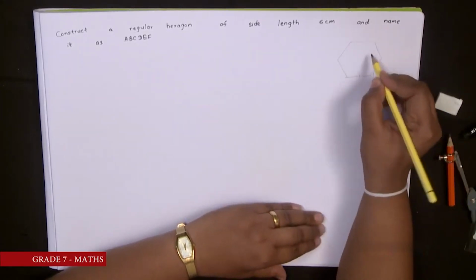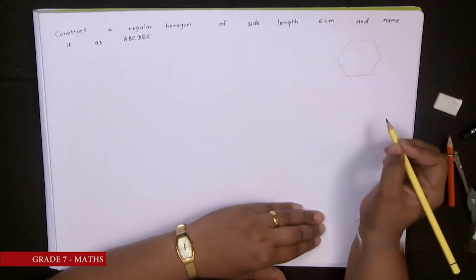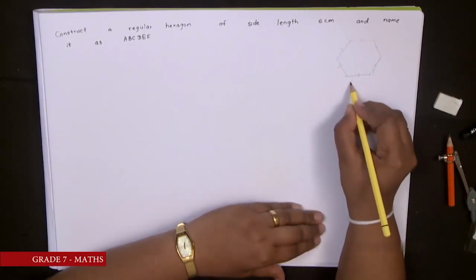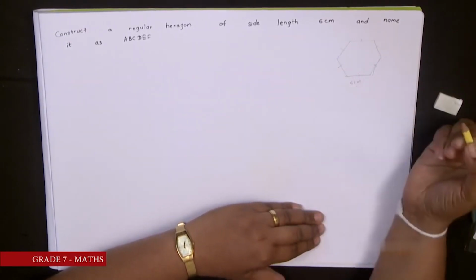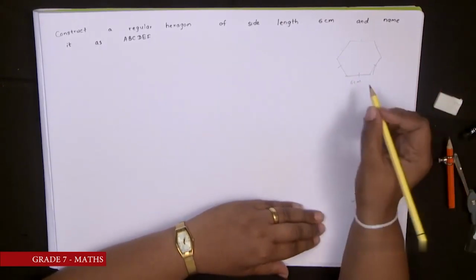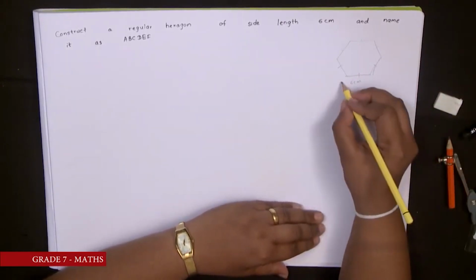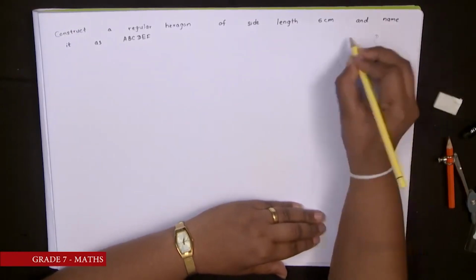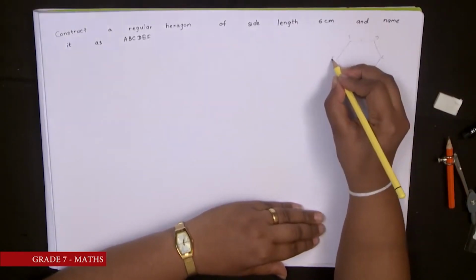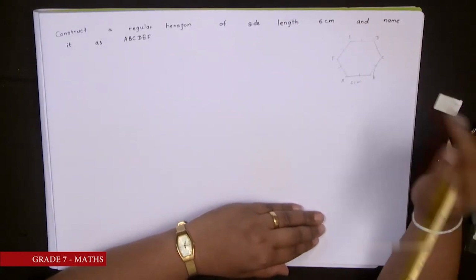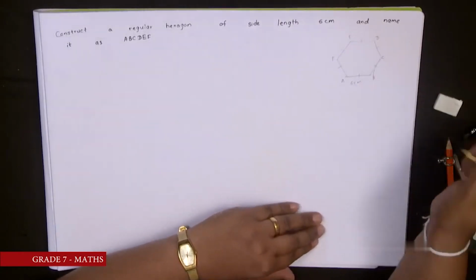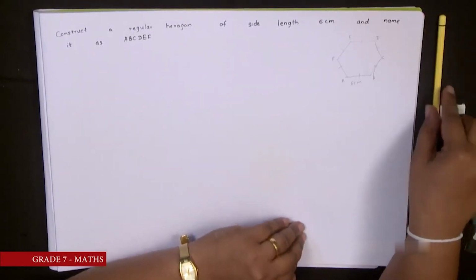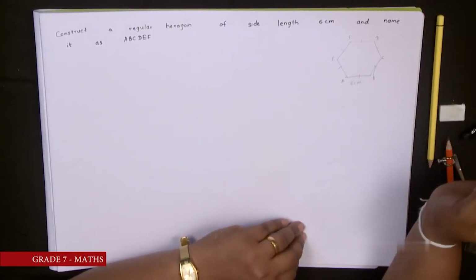So, you have to mark that all 6 sides are equal and the length of one side is 6 centimeters. And the name of this regular hexagon is A, B, C, D, E, F. Right. Now the sketch is there with me. Now I am going to construct this regular hexagon.